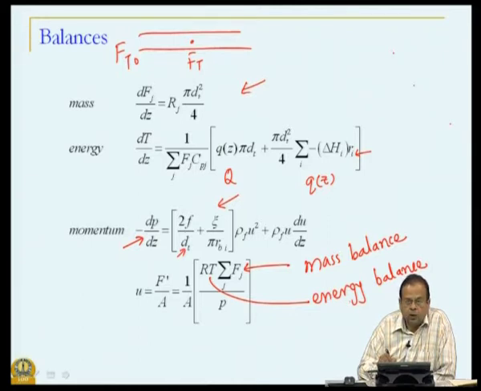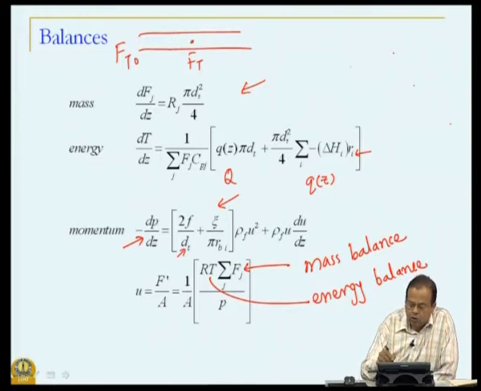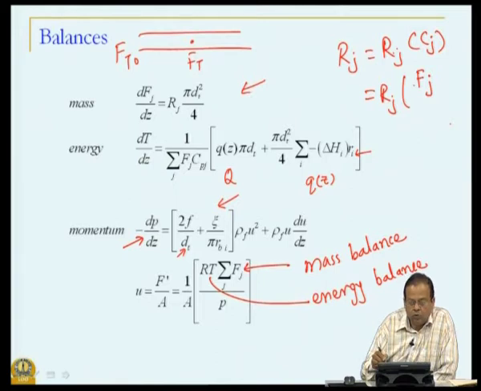Okay. Now, what about mass and energy balance? Of course, they are related to each other. Why? Because we said that Rj, look at the mass balance. Rj is a function of concentration. Concentration is nothing but the molar flow rate divided by F prime.